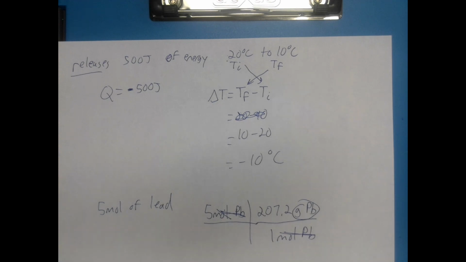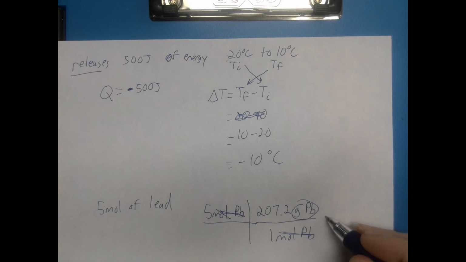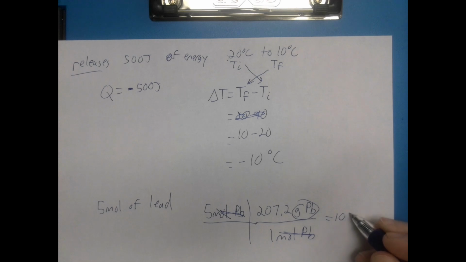And we just plug that into the calculator. Several people did this correctly but just put 207.2 and forgot to multiply. Some people used 18 for water. This is supposed to be 1,036 grams of lead.